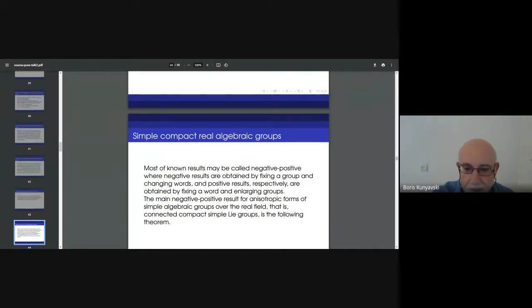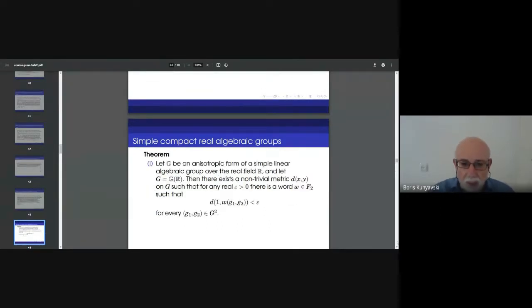So we consider here what are formally called anisotropic forms of simple algebraic groups over the real field, so connected compact simple Lie groups in another language. The first theorem: let's consider such a G over the reals. Consider the group of real points.